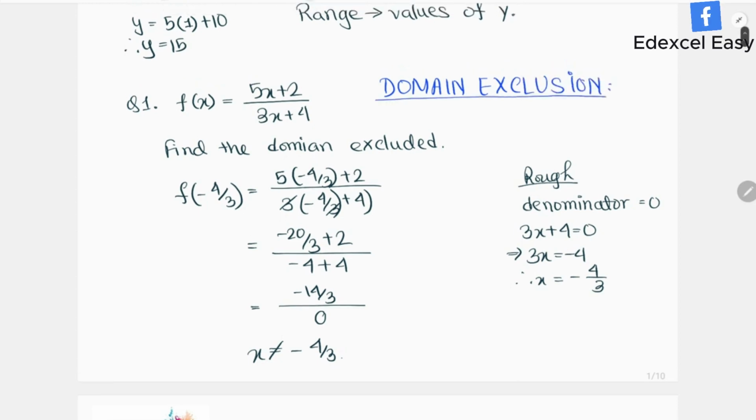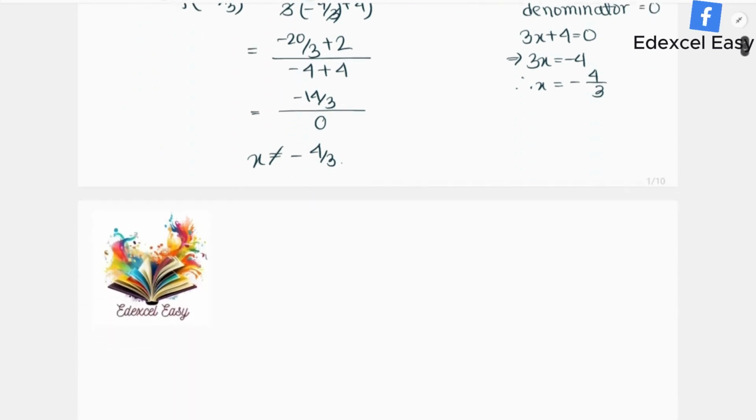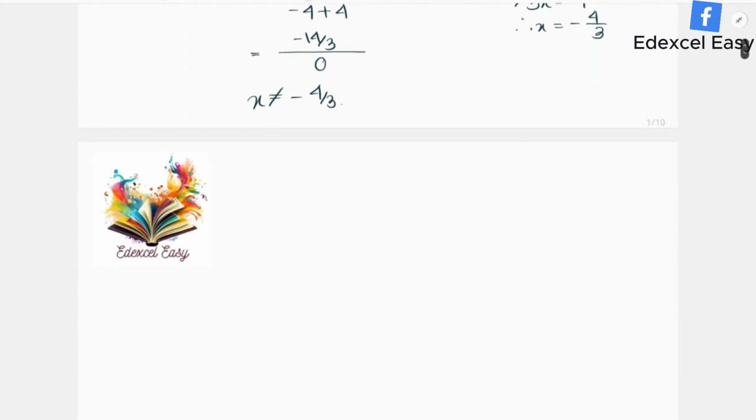There is another type of maths called domain given, where they would give you a set of domain and they would want you to find out the possible ranges for that specific domain. So this is also a calculation under the domain section. So this is for domain given.